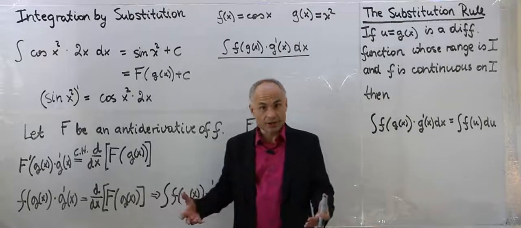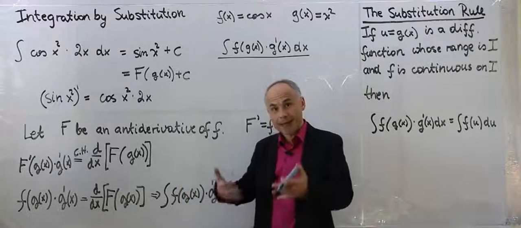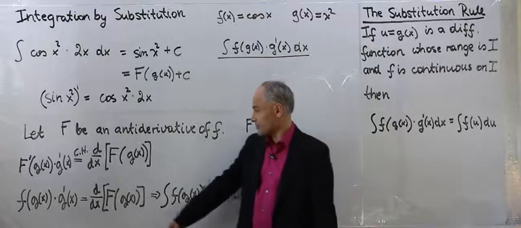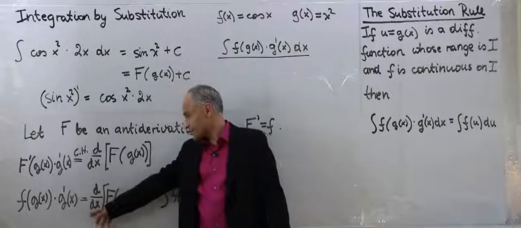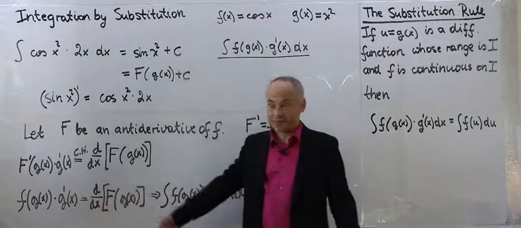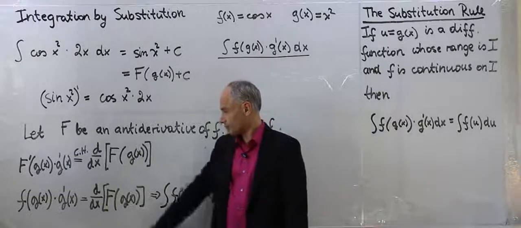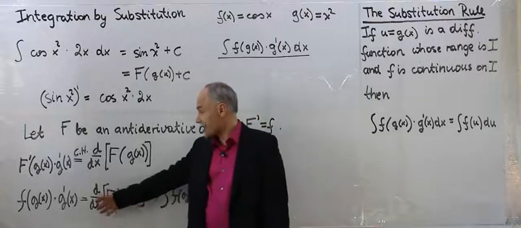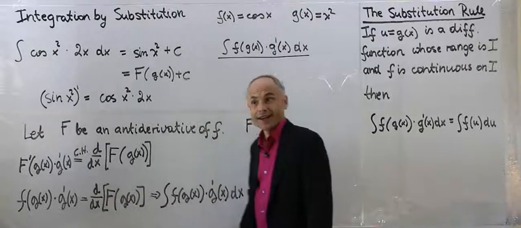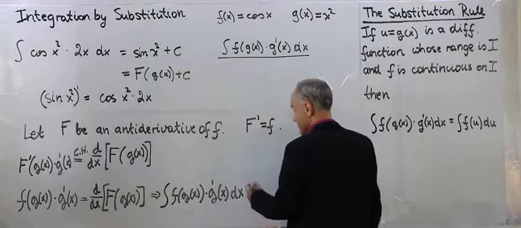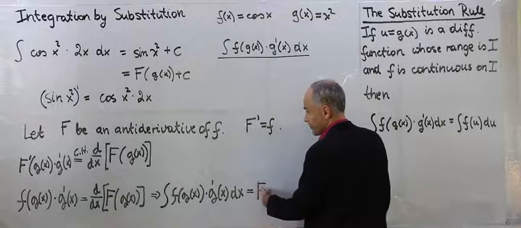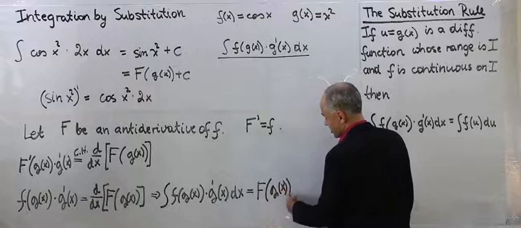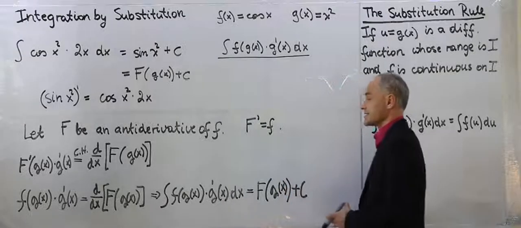Well, the general integral, the antiderivative, is the opposite operation to differentiation, right? So if I take an antiderivative of the derivative, what do I get? I get the function that I'm differentiating, but since I'm talking about a general antiderivative, I need to add a constant. So the right-hand side then is equal to capital F of g of x plus some constant c.